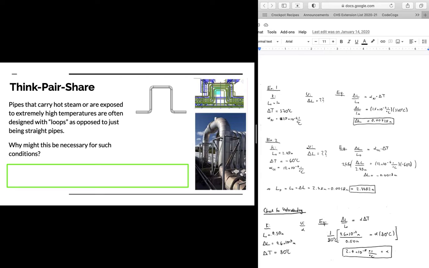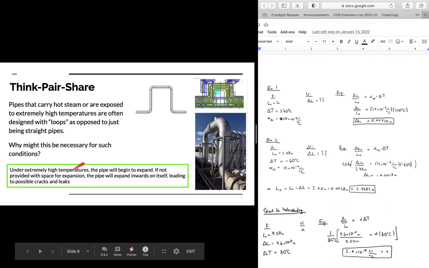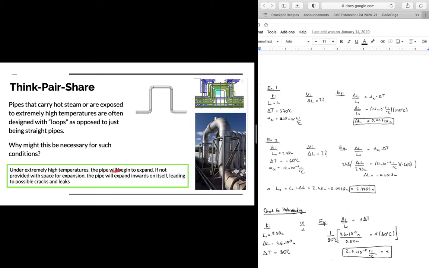All right, so if we take a look here, okay, if our pipes become heated to extremely high temperatures, the pipe is going to begin to expand, just like we saw the railroad on the slide 2 slides prior. If they're not provided with space for expansion, the pipe will expand inwards on itself, leading to possible cracks and leaks.